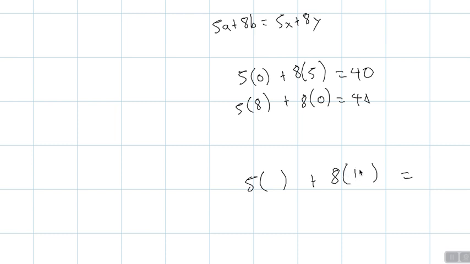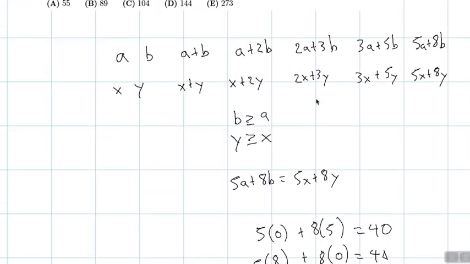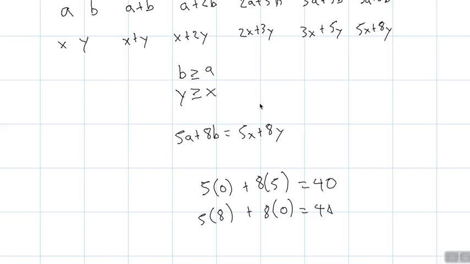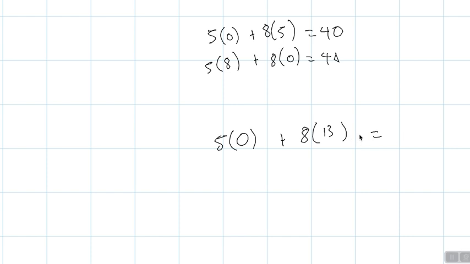And it's going to be the case that when we multiply 8 by 13 and 5 by 0, I'll explain why this is minimizing, because again, we're trying to find the smallest possible value of n. It'll become clear why this is the smallest possible value of n. So when we increase the value of this by 8 and decrease the value of that by 5, here we have, yes, 13 is greater than or equal to 0.